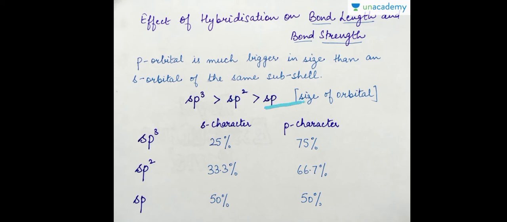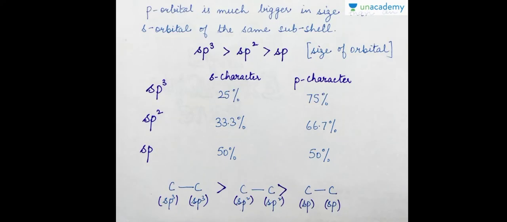Now, according to the size of these orbitals, we'll see how it influences the length of the bond. Now, the greater the size of the orbital, the longer will be the bond formed. So, sp3 hybridized orbital is the greatest in size. Therefore, a bond formed between two carbon atoms which are sp3 hybridized would be the longest.